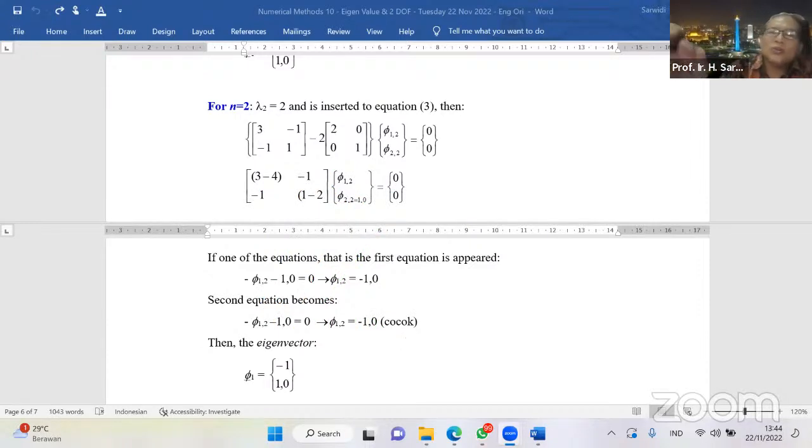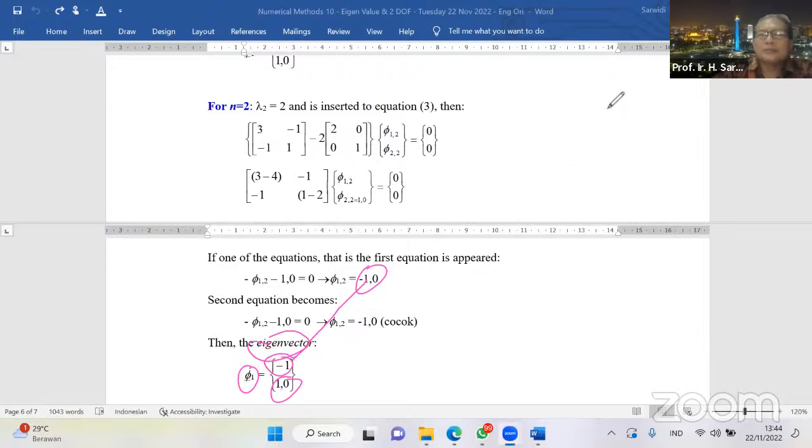So if you write down the equation of the eigenvector, phi 1 is this one, 1 is the reference, -1 is this. Oh, it should be 2, phi 2 here.